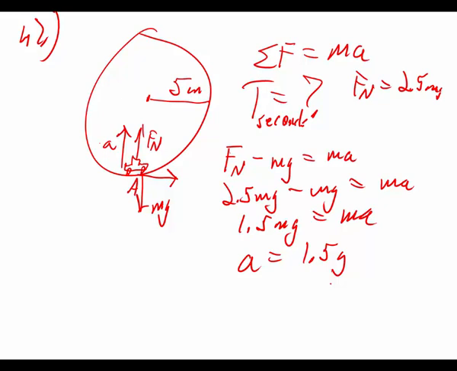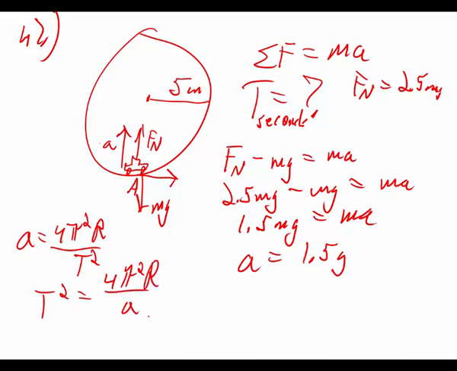How the heck do we get the period? Come on now, let's not forget our equations. Remember chapter 3, we had this equation, y'all, and I put it as a concept question. I thought, man, everybody will get this because it's on their formula card. Well, everybody didn't get it. Okay, 4 pi squared r is equal to t squared a. T squared is equal to what? 4 pi squared r over a.